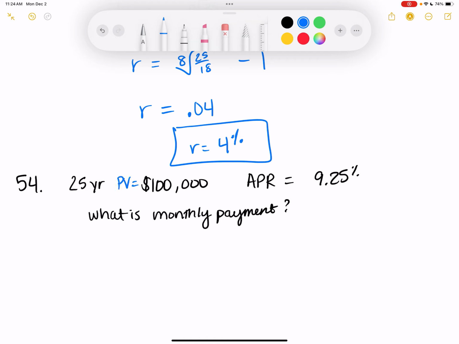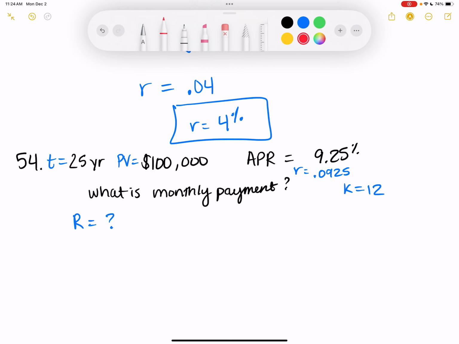The APR is just your rate that we've been calling R. So R is equal to 0.0925. 25 years, that's going to be T. Now, monthly payment, it doesn't explicitly say this, but it'd be K times per year. So K is equal to 12. And the piece that's missing from our present value problem is big R, which is what we're trying to solve for.